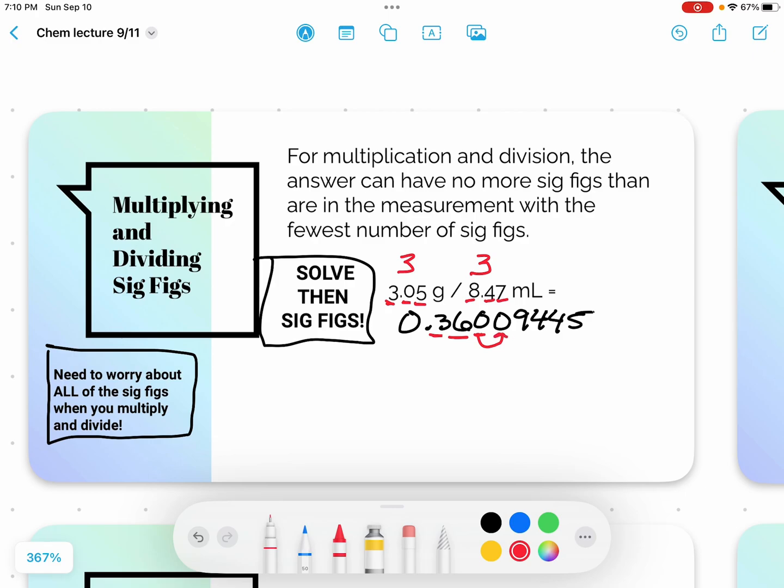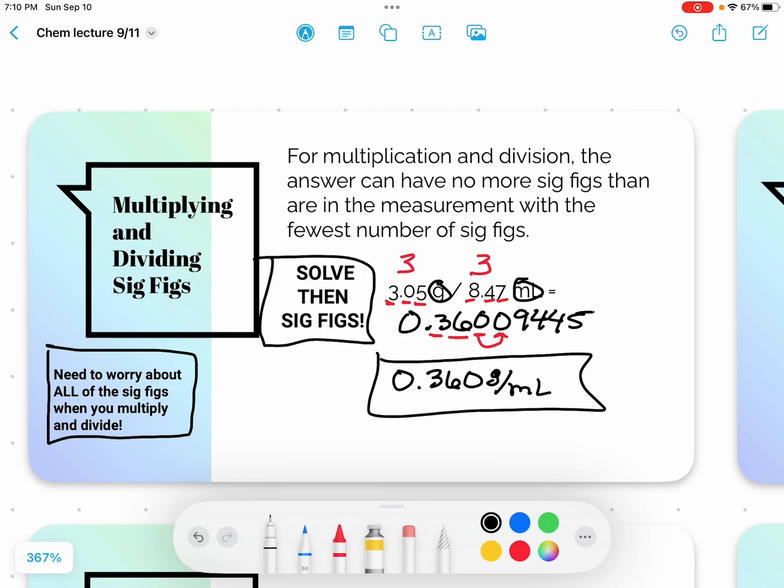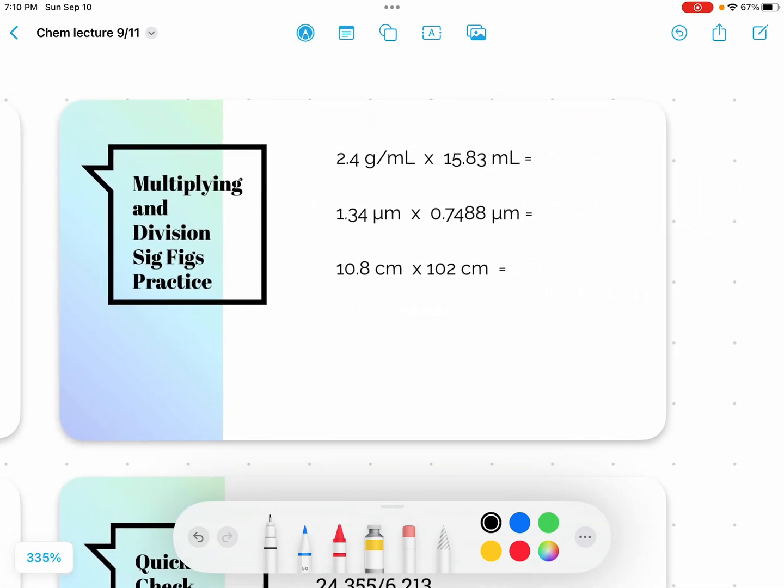So with our rounding rule, I'm going to stay the same. So my answer should be 0.360. And then I look at my units. I have grams and milliliters, grams per milliliter. And that is my final answer. All right, let's move on to a couple more examples.